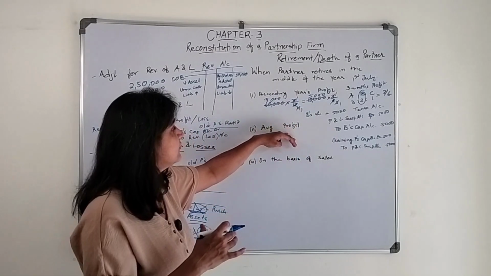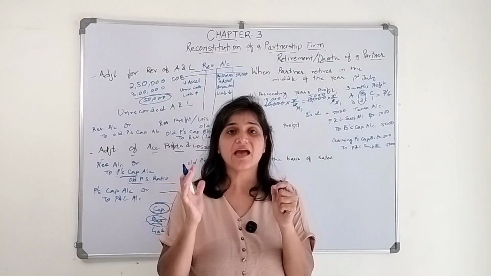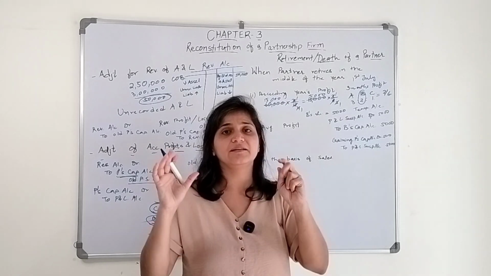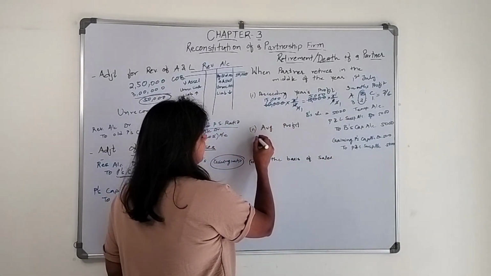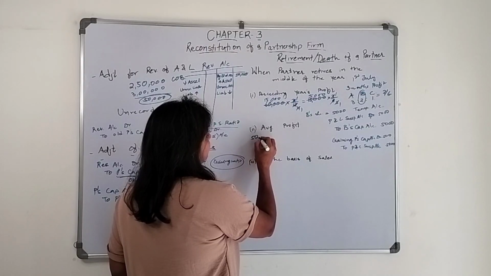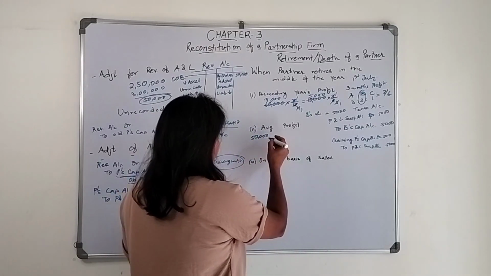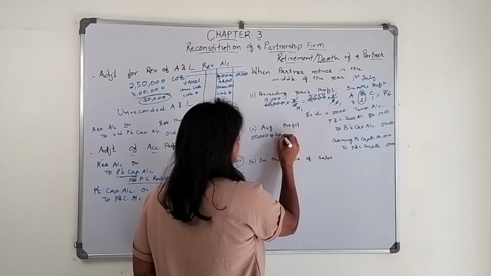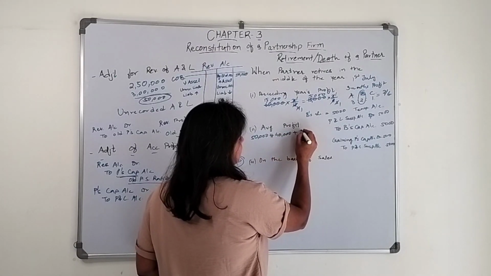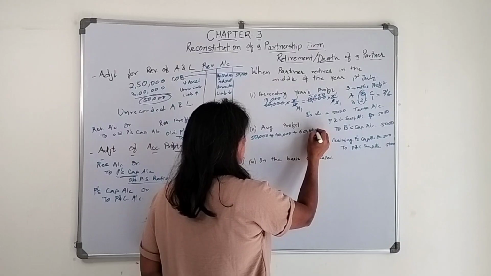Now there could be another situation wherein we need to consider the average profit. Let's say they decide that the average profit of the past 3 years will be considered. Let's say earlier it was 50,000, then it was 40,000, and in the last year the profit was 60,000.